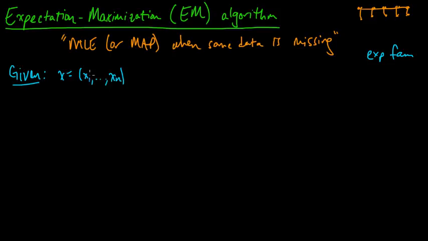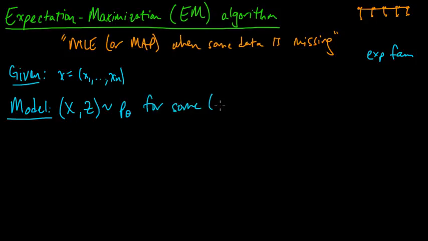So we're given some observed data, let's call that x. X is these observations, x1 through xn. But our model has random variables x and z, which have some joint distribution, p theta, for some unknown parameter theta in some set of parameters.